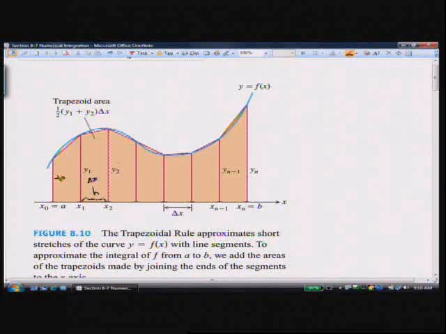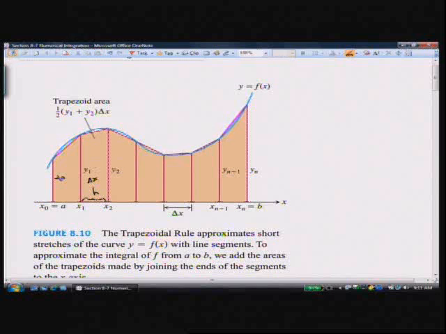And the third one is going to be 1/2 (y2 plus y3) times delta x. So if you think about it, after the first height, y naught, the y1 gets used twice, because it gets used in the first trapezoid and then it also gets used in the second trapezoid.